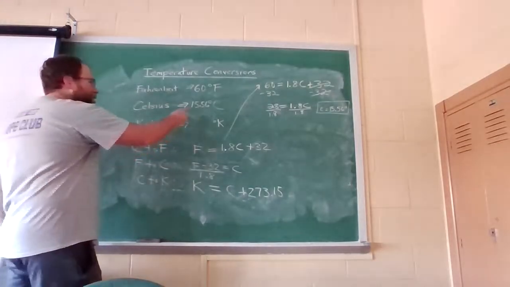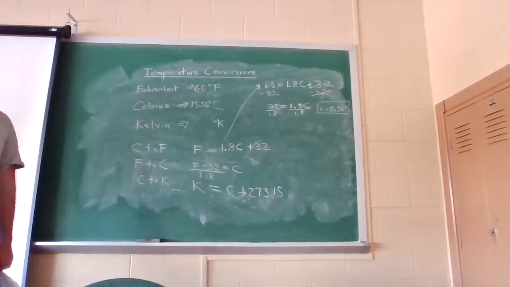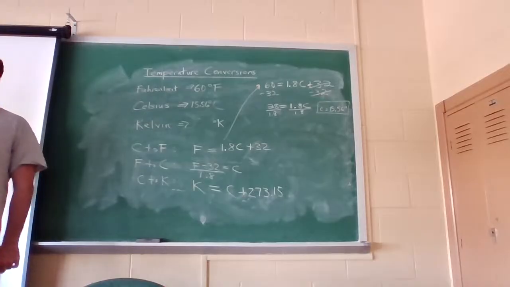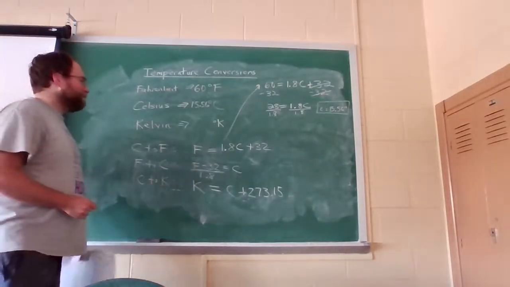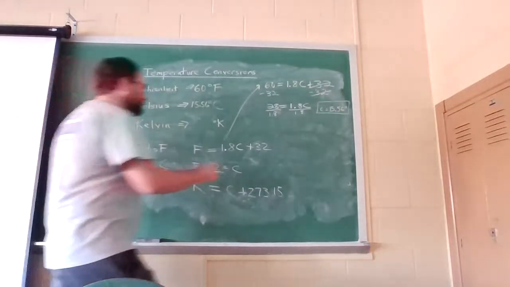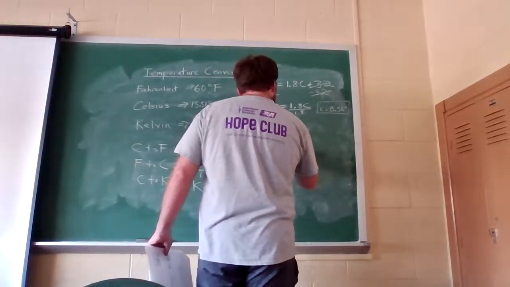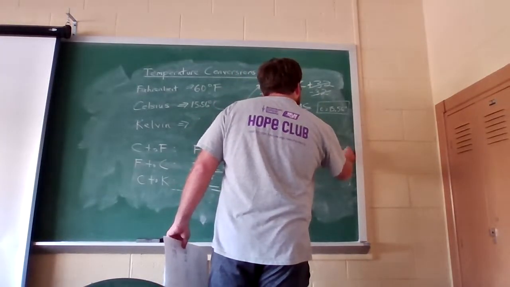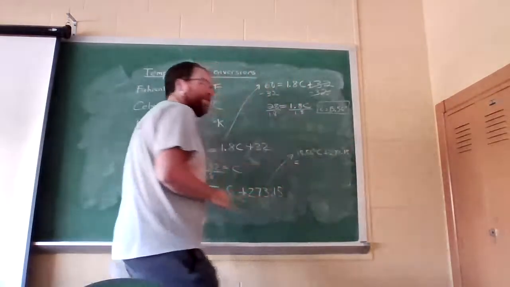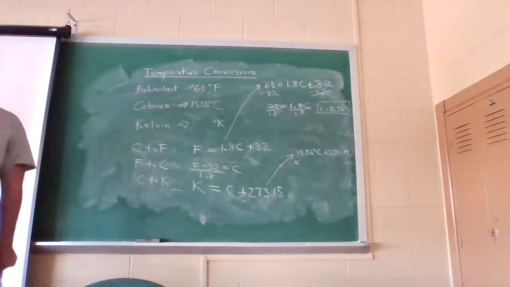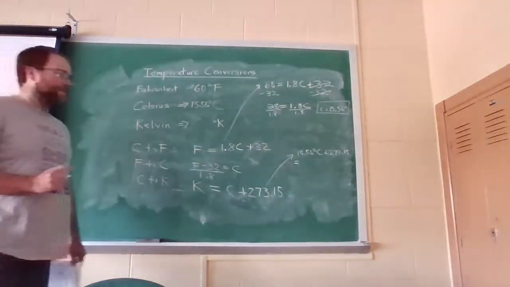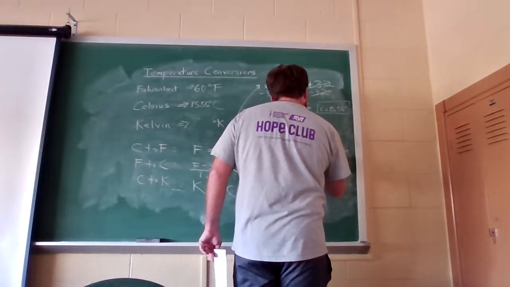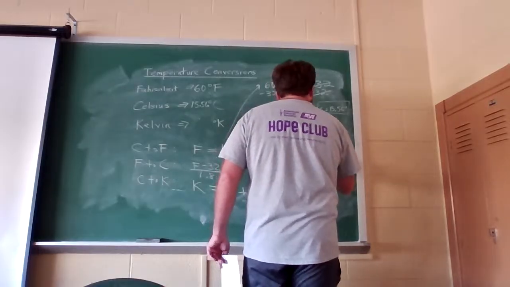Yep, so in this problem, 15.56 degrees Celsius plus the 273.15 would give you the number of degrees in Kelvin: 288.71 degrees. Now we're in Kelvin.